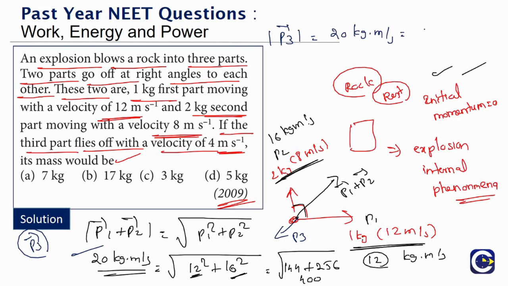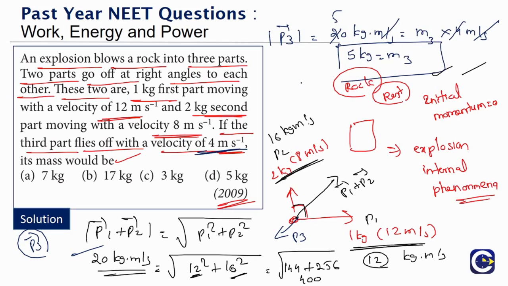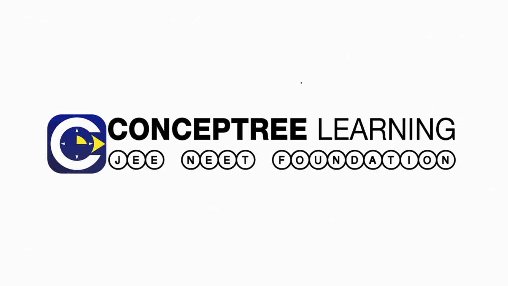The magnitude of the momentum is the mass of that third part, let us call it m3, into the velocity. The velocity is 4 meter per second, they have given us that. So 4 fives are 20, meter per second is cancelled. So the m3 value is 5 kg. The third part, which is flying off, should have a mass of 5 kg. So this is about this part of the video, and we'll see in the next part.